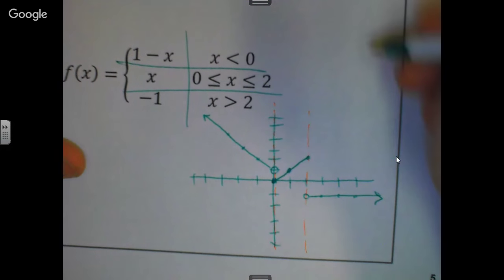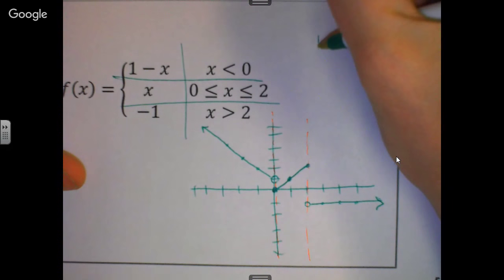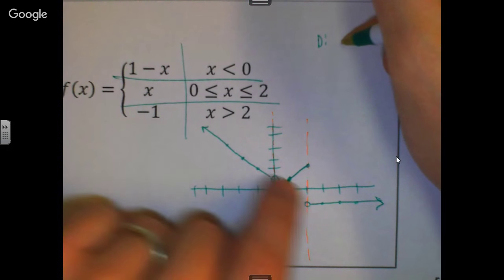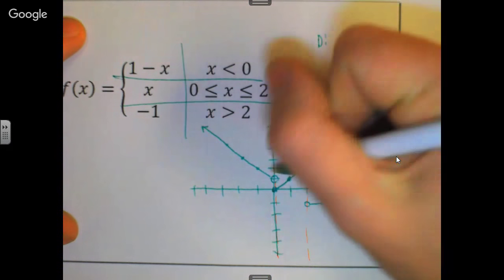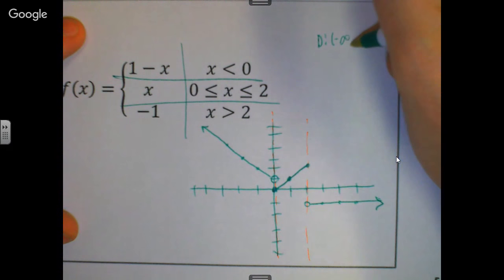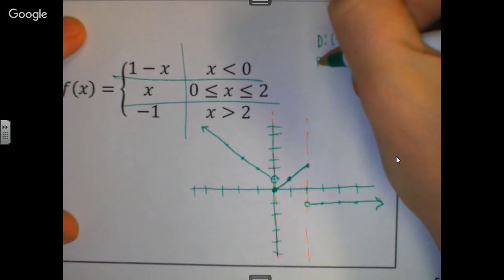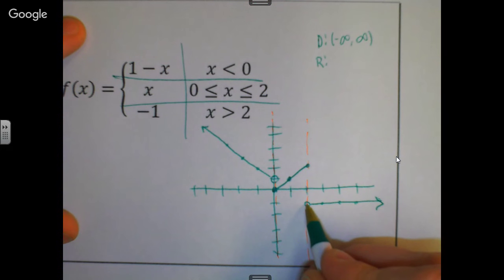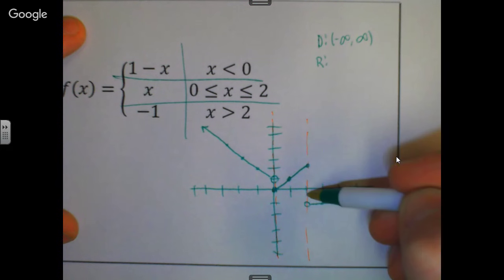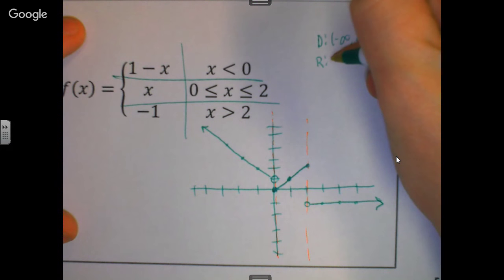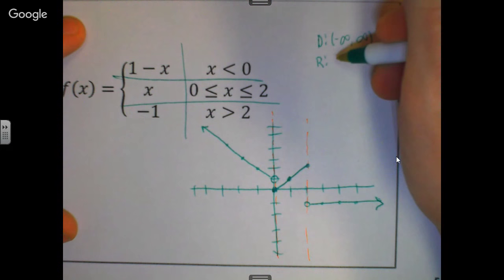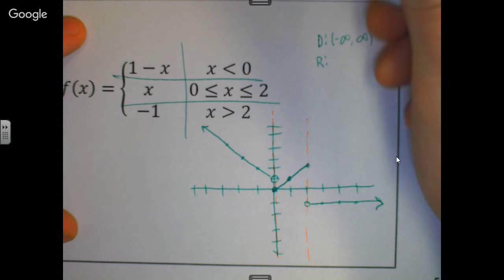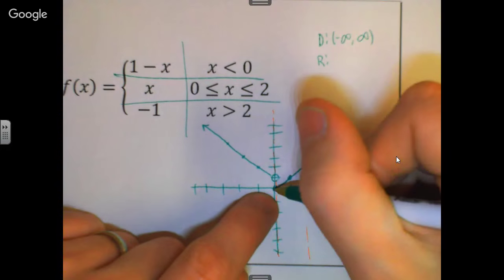Okay. So again, what's the domain? Domain is negative infinity to infinity. There's no x values that I have to cancel out. What's my range? Well, the smallest y value I can have is negative 1. But if you notice, I can't have anything in here. So I've got to get rid of that. So the smallest y value I can have is negative 1. So we'll say, okay, I've got 0 to infinity.